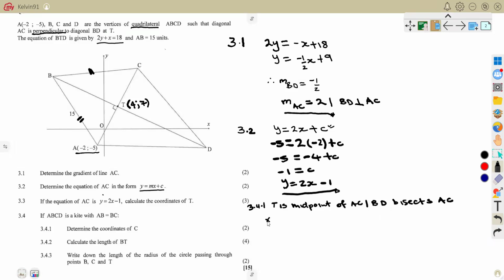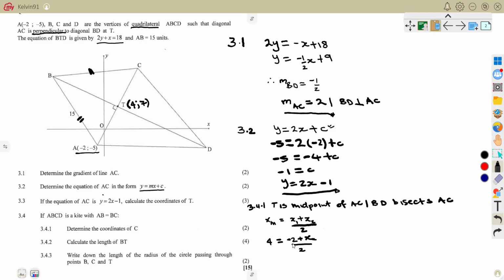We know the x-coordinate at the midpoint must be equal to x at one point plus x at the other point, divided by 2. In this case, the x at the midpoint, we know it to be 4. So that 4 must be equal to the other endpoint A, which is minus 2, plus the one that we do not know, the x-coordinate at C, divided by 2.